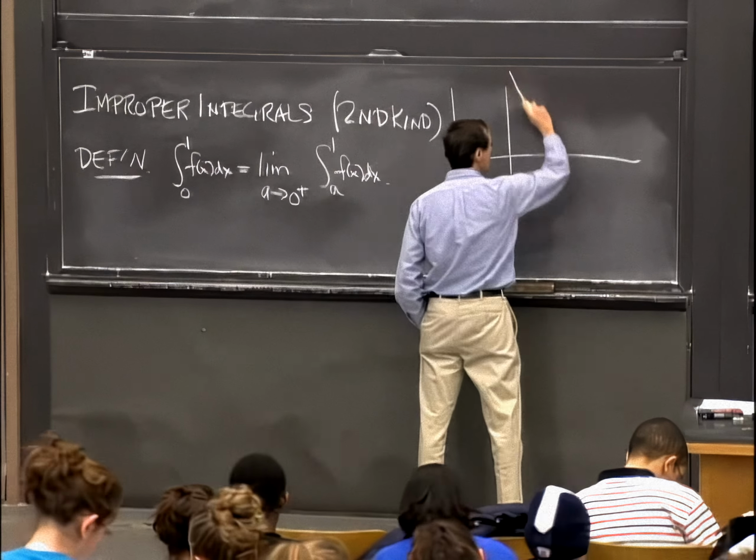That picture is very balanced. It's symmetric on the two ends. If I cut it in half, then what I get here is 2 halves, and this one has infinite area. Well, that corresponds to the integral from 1 to infinity dx over x being infinite.